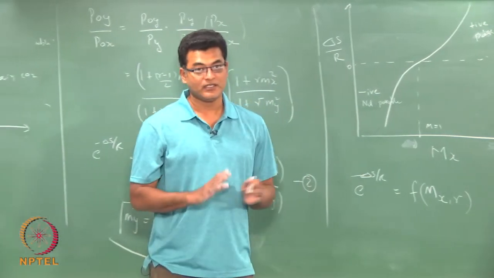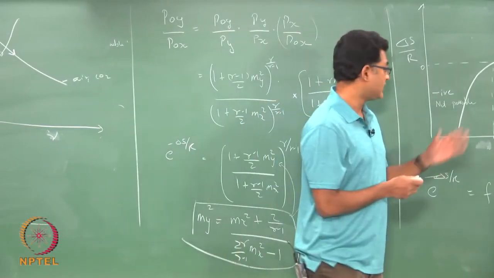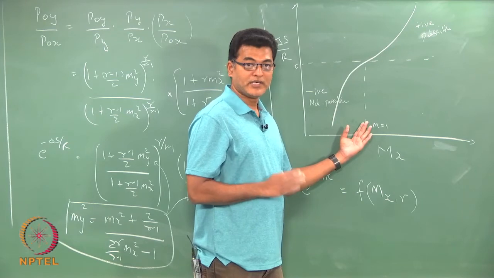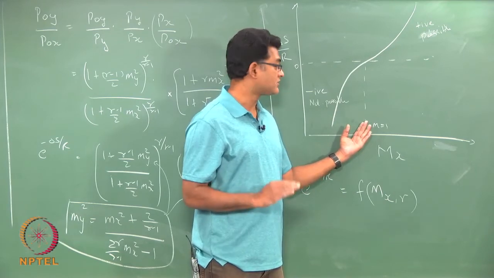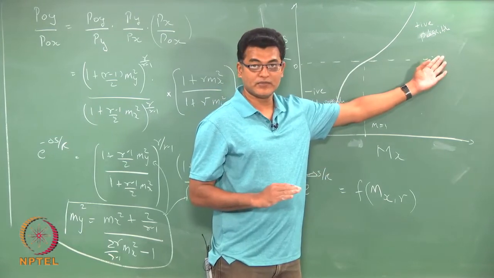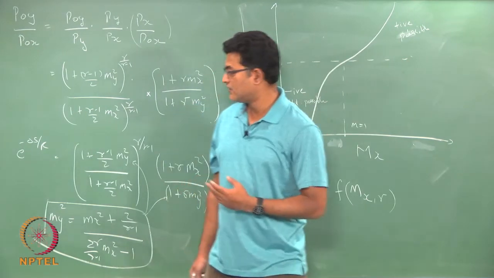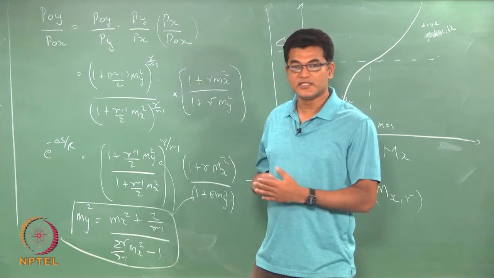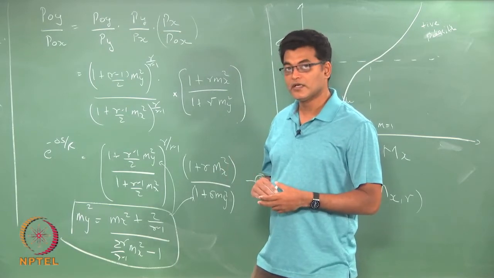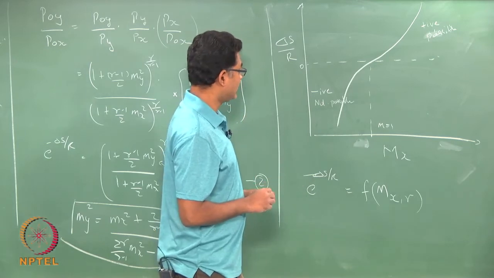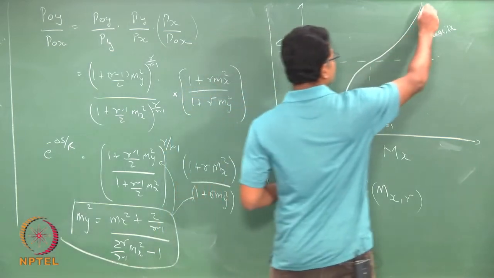But for the general purpose and for general fluids that we encounter, let us assume that if mx is less than 1 there is no shock possible, only if mx greater than 1 is shock possible. You show that using your entropy change starting from Gibbs relation and get this particular variation. This is for a given gamma.